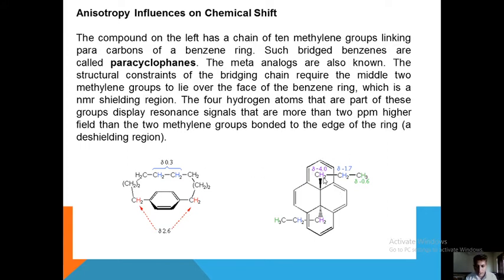So these inside protons are the most affected. The negative chemical shift noted here indicates that the resonance occurs at a higher field than the TMS reference signal. So these protons have a minus delta value, which means they are fully shielded. The value is below the TMS, and TMS is the standard we use for plotting the graph.